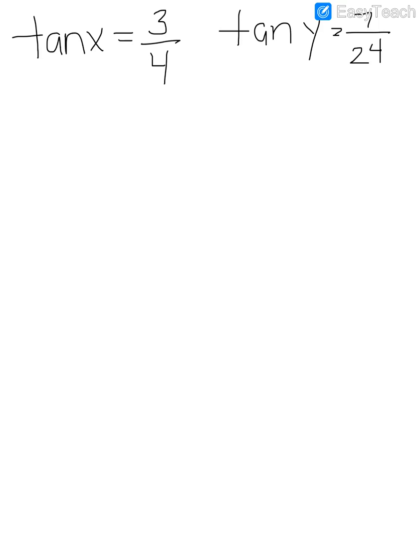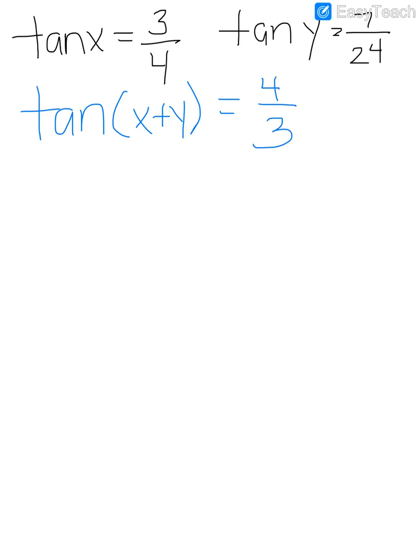All that work, we haven't even really started our question. The question is, show that the tan of x plus y, so that's a sum identity, is equal to, it gives us 4 over 3. So this is a sum identity. That's my a value. And that's my b value. So you'd pull out your formula sheet, you would look at your sum identity for tan, and the tan of a plus b is equal to the tan of a.